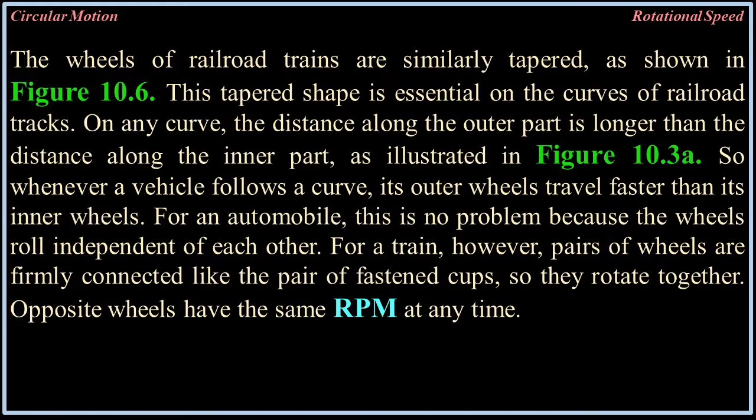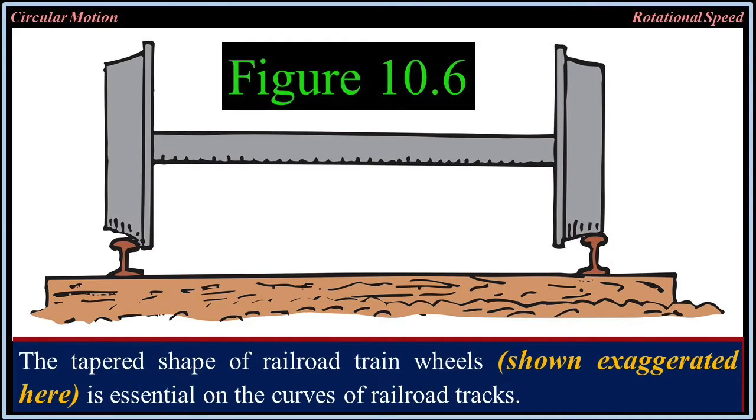For a train, however, pairs of wheels are firmly connected like the pair of fastened cups, so they rotate together. Opposite wheels have the same RPM at any time. Figure 10.6, the tapered shape of railroad train wheels, shown exaggerated here, is essential in the curves of railroad tracks.